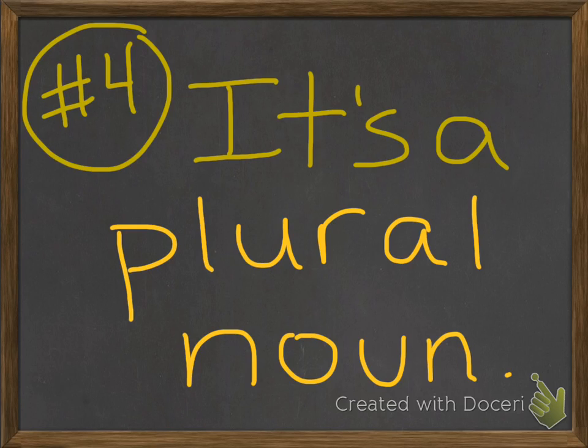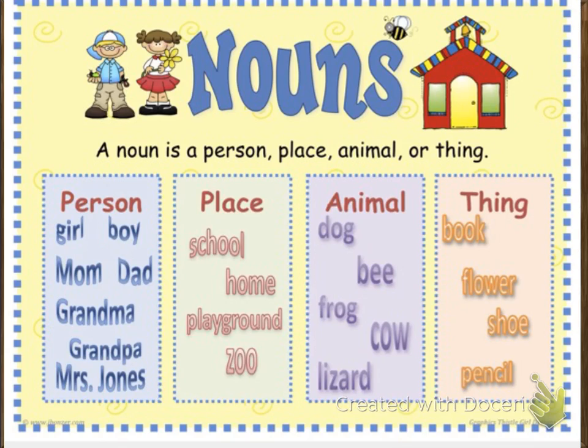Clue number 4 is, it's a plural noun. Uh-oh, do you have no idea what a plural noun is? No fear, I will teach you. Here we go. First I'm going to tell you what a noun is. You might already know. A noun is a person, a place, an animal, or a thing. These are all nouns.